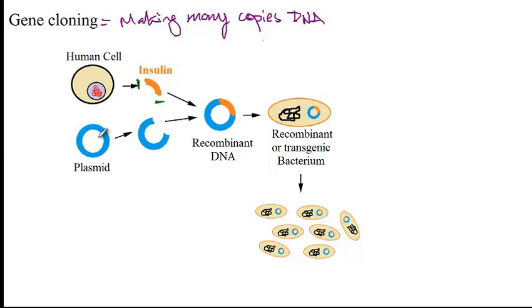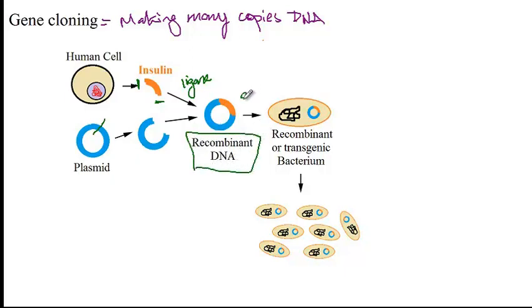Likewise, we will cut the plasmid open with the restriction enzymes, and now with the help of the ligase enzyme, we will glue the gene of interest with the vector. So ligase enzyme helps bind ends of these two DNA fragments together. The resultant vector is called a recombinant DNA.